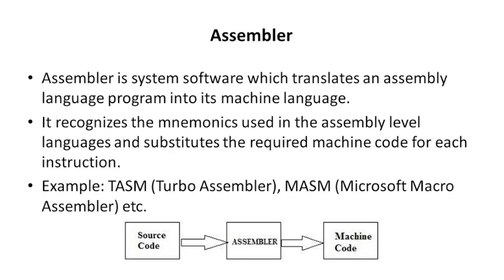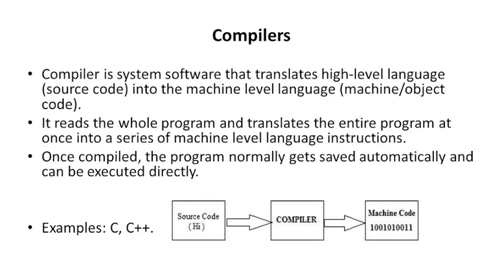An assembler is a system software that translates an assembly language program into a machine level language program. A compiler is a system software that translates high level language into machine level language. That is, it translates the source code into machine code or object code. That is a compiler.